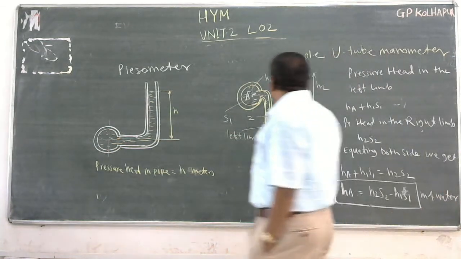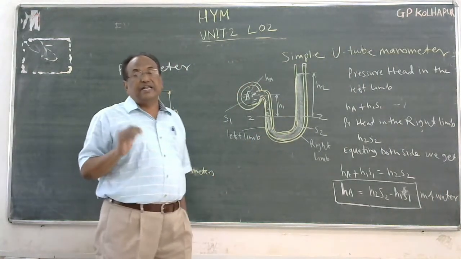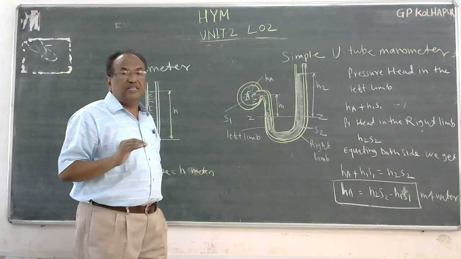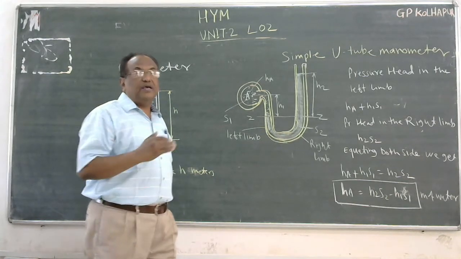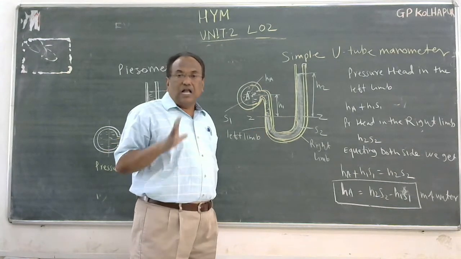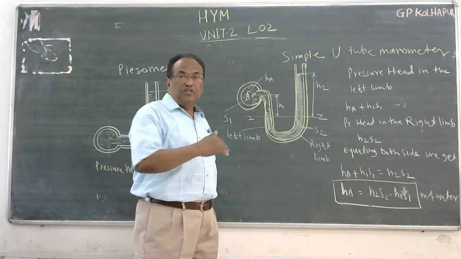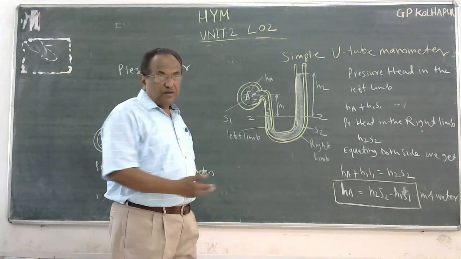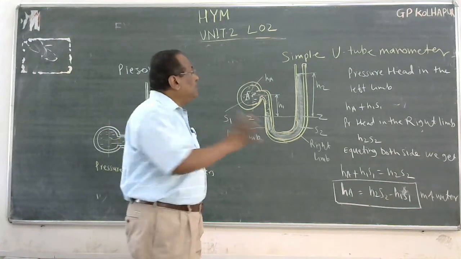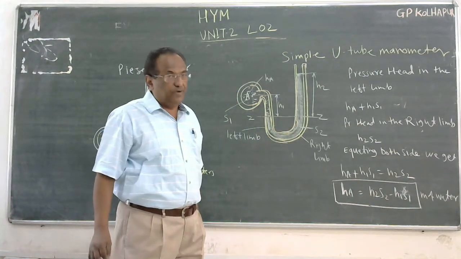We use mercury as a manometric liquid because mercury is 13.6 times heavier than water. So we can measure higher pressures with the help of simple liquid manometers. Also, we can measure negative pressures, as we will see in the coming time. We can measure negative pressures also with the simple U-tube manometers.